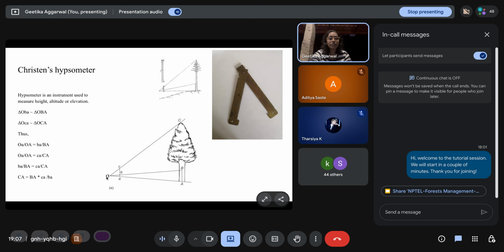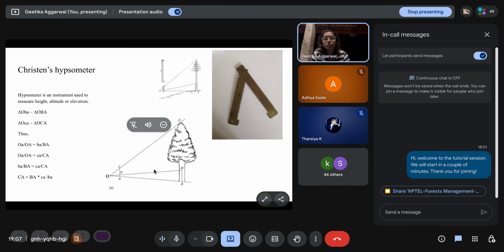Then in the second case, small Oa divided by capital OA is similar to small ca divided by the height of the tree, which is CA. Because CA is unknown, you put these two equal, since Oa by OA is the same. So you put small ba divided by capital BA equal to small ca divided by capital CA, and from here you get CA, which is the height of the tree.